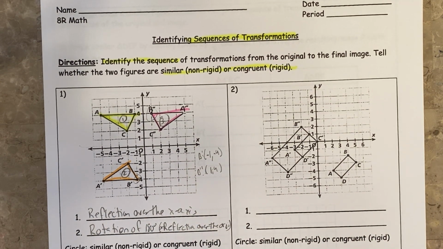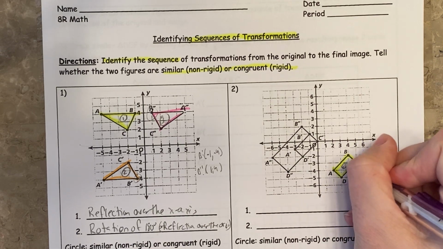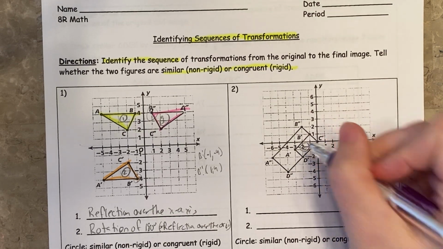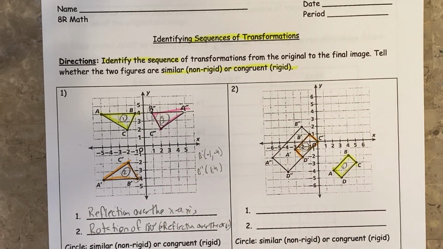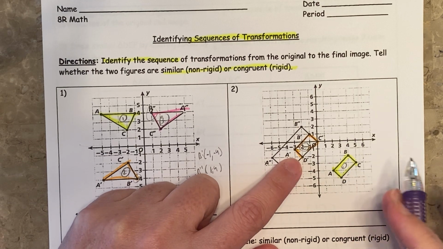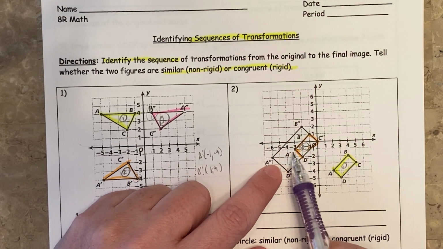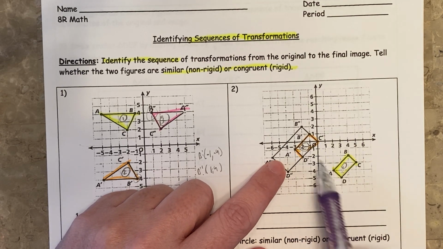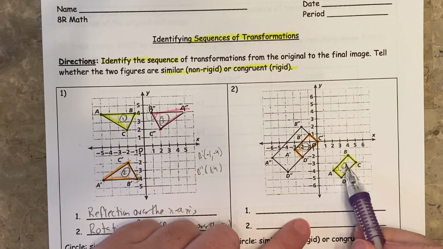All right, next one. So we're going to start with our original, so right here. So from the first one to the second one. So here is your second one. Okay, so what do we see? Same shape, same size, so no dilation. If you look, A is here on the left, bottom left, and it's still here. A, B, C, so they're in the same exact order. When they're in the same order, all it did was just slide over.